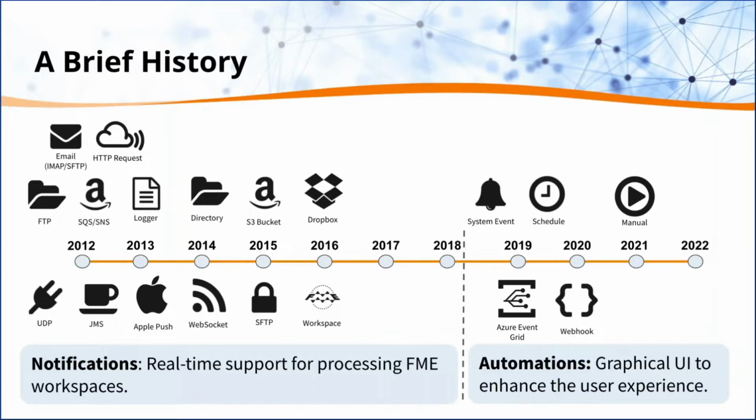So automations have a long history, and we can actually date the foundations back to 10 years ago in FME Server 2012. So in 2012, a brand new concept was developed for FME Server under the name notifications. And this was the first real-time support for processing workspaces.